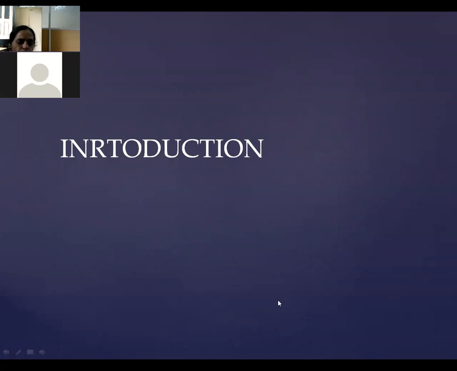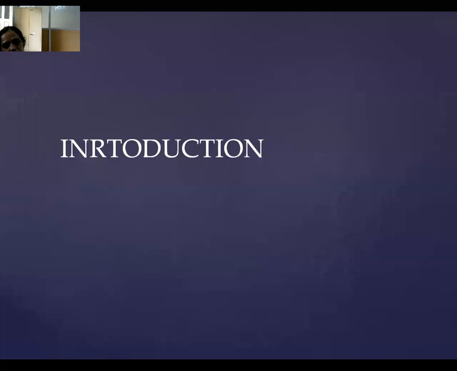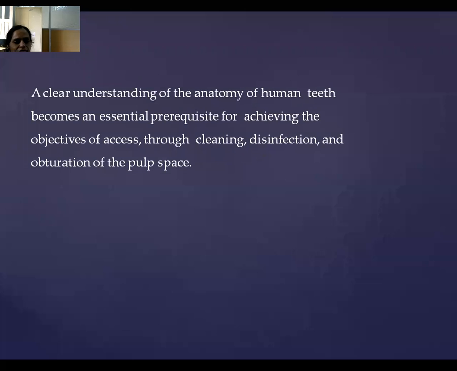The cavity which we make must allow us to remove the necrosed pulp properly, so there are some principles of cavity preparation that we are going to see. Access means to get access to the pulp chamber.